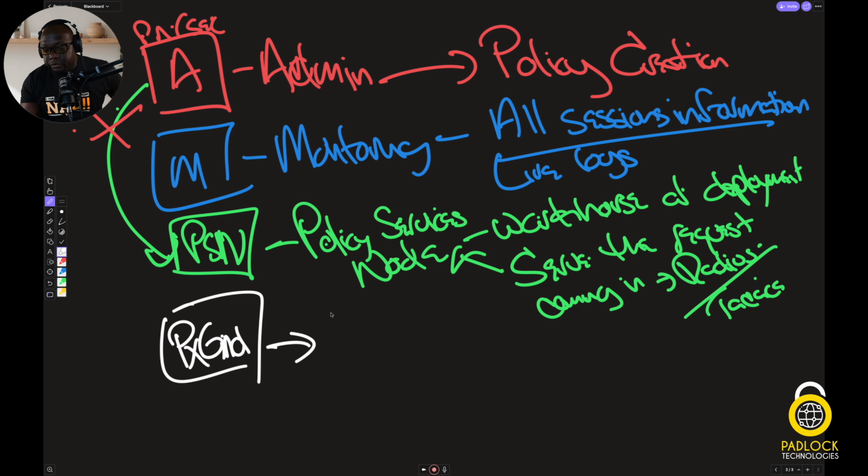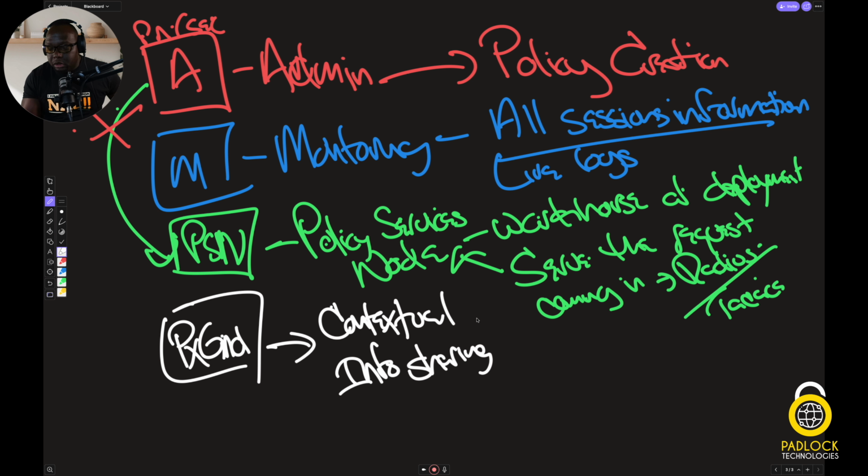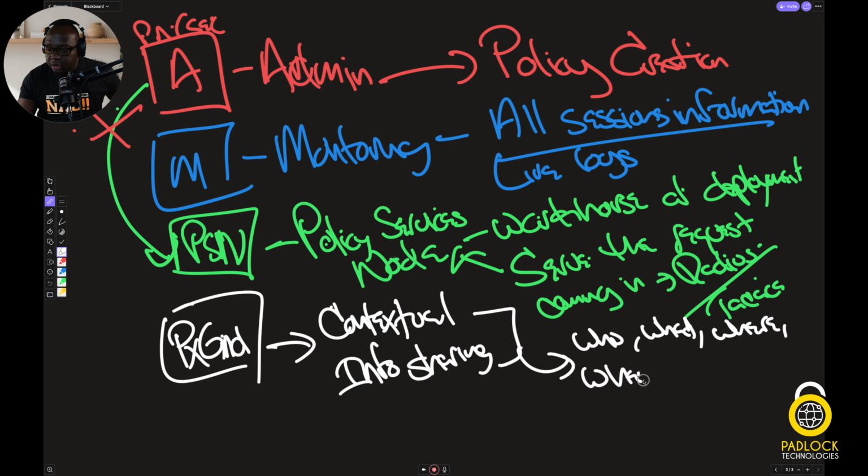So this is for what they call context information, or contextual information sharing, right? And what that is, is the who, what, where, when, and how information on a particular session.